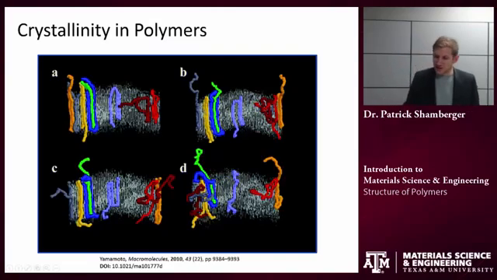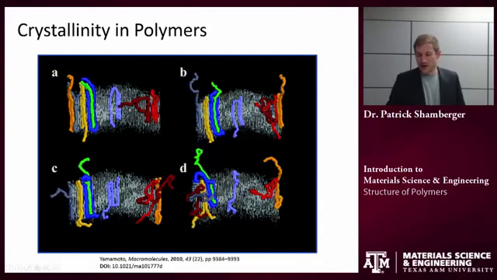To make that a little more clear, here I have an image from this same study. In this case, the authors have highlighted individual polymer chains with their own unique color. And so you can see a region like this where one chain has come down, it's folded, and so the bonding is between that same chain folded back on itself.